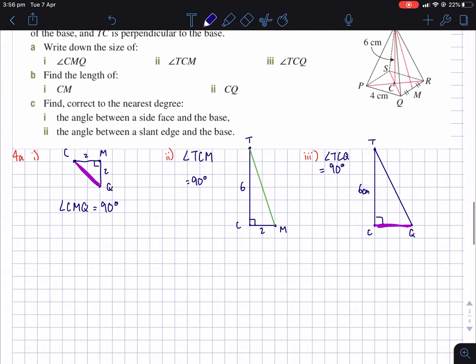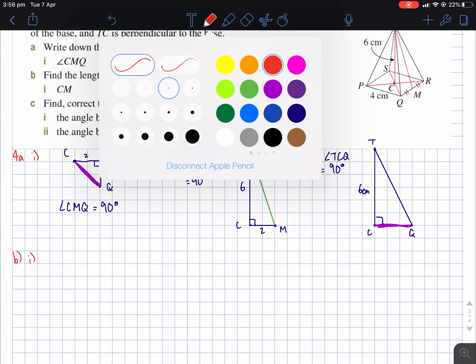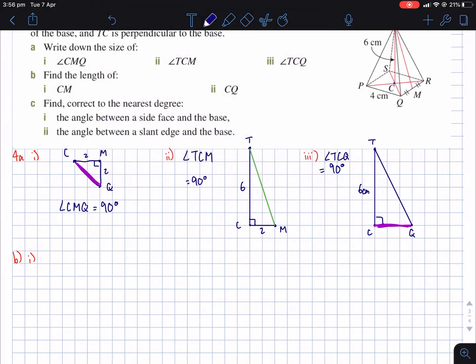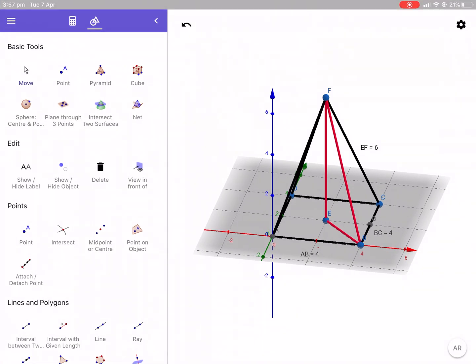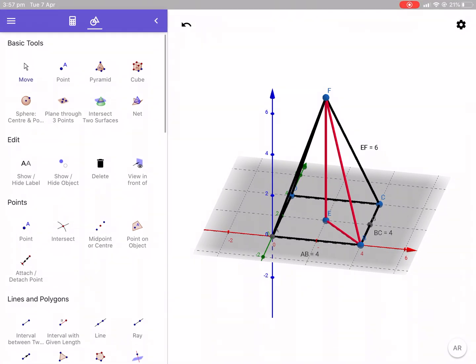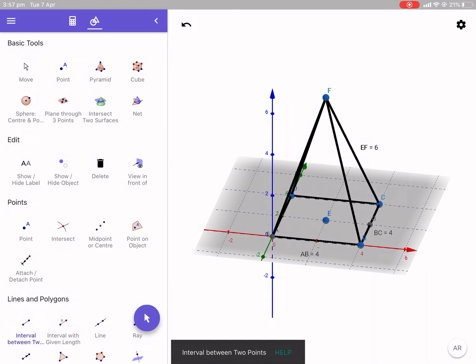Okay, now we actually need some stuff. So for question B, we need the length of CM. Well, CM is from the center to the midpoint on the outside. So if I delete these, it's that line there.